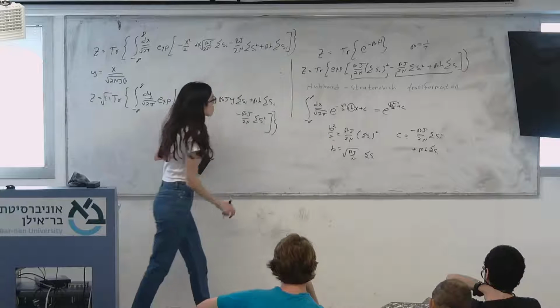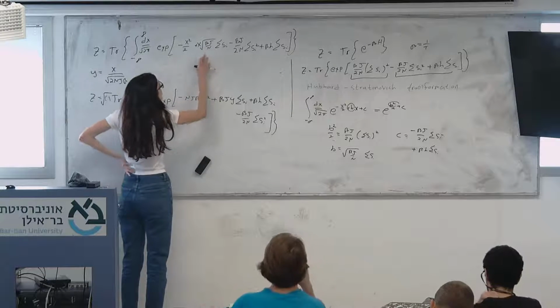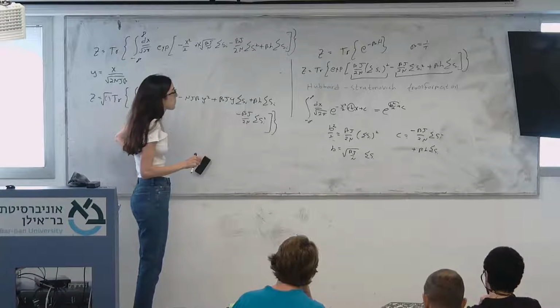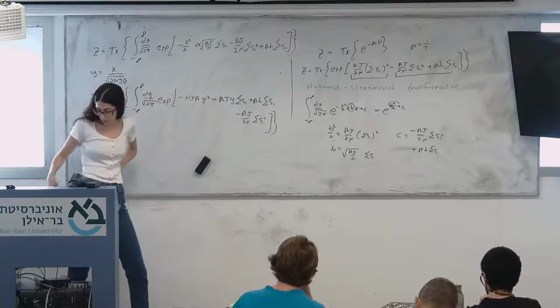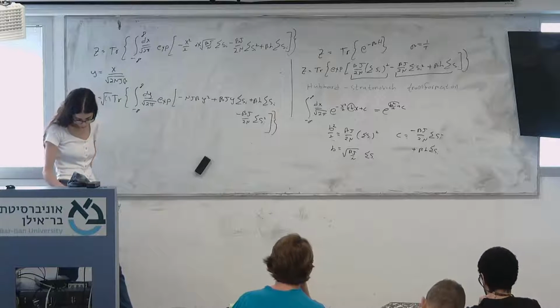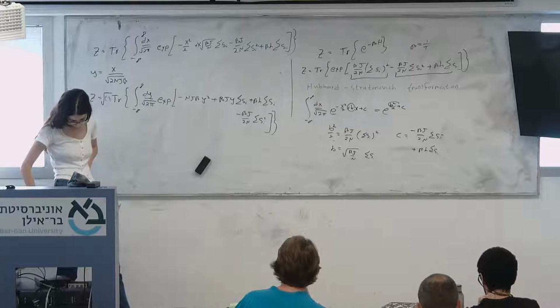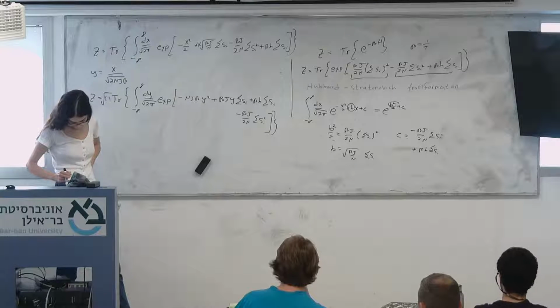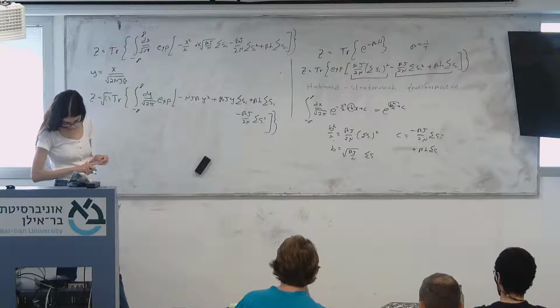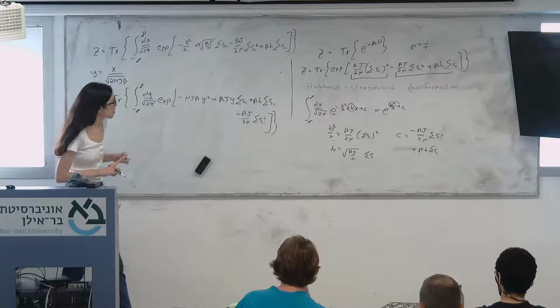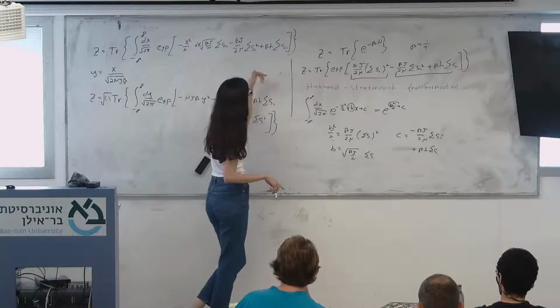Yeah, right. This cancels out. I had a missing factor of 2 at some point. I'm supposed to have a factor of 2 somewhere along the way.